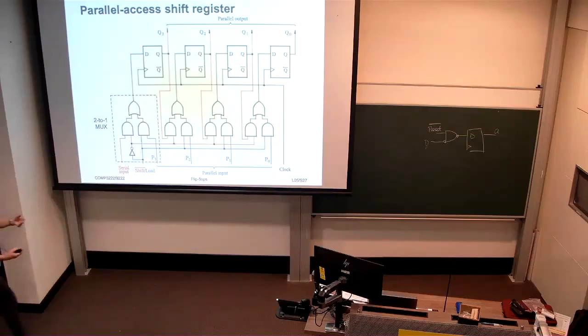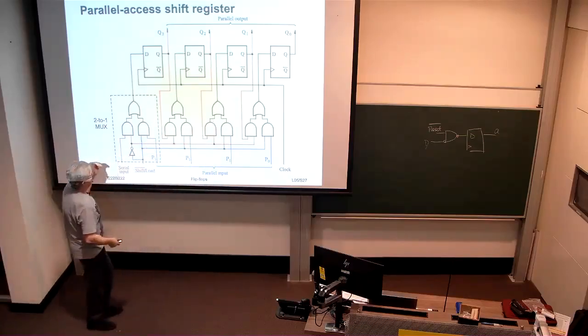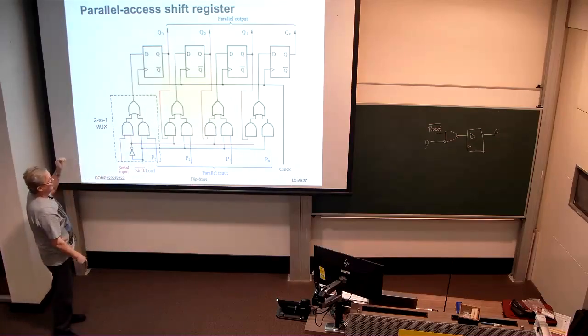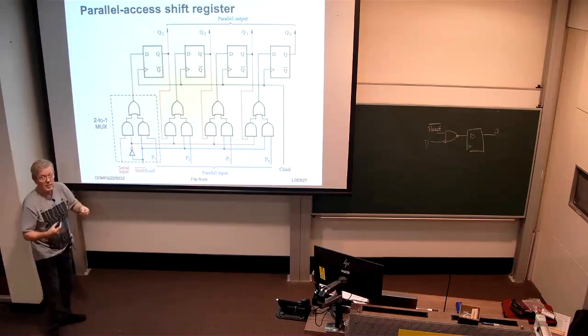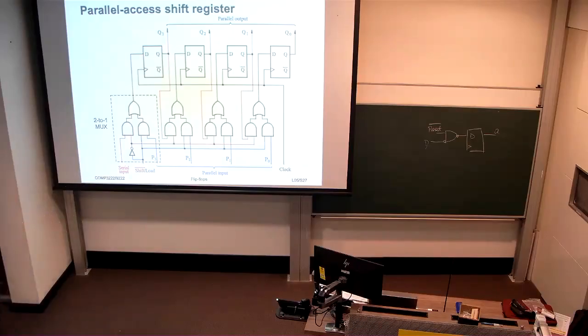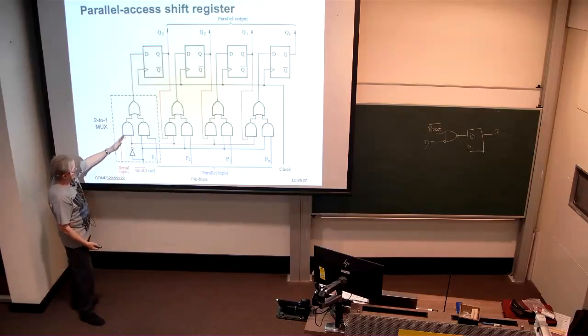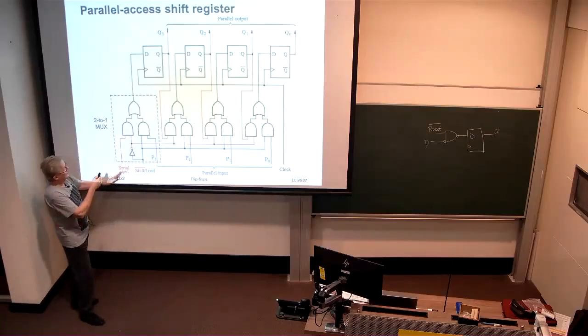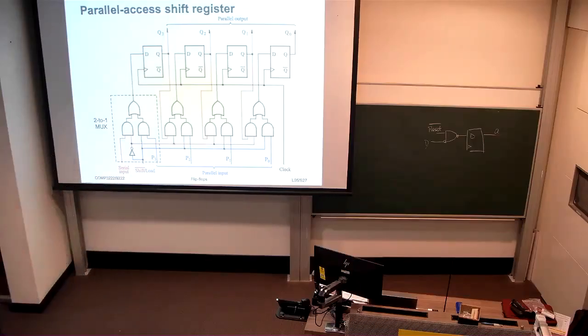Okay, so we could read a word in parallel in 1 clock cycle, and then over, in this case, 4 clock sequences, read out of Q0 serially what were the bits of that word. Similarly, we could be loading over 4 clock cycles via the serial input into each one of these flip-flops, and then in 1 clock cycle read the contents of the whole word that was shifted in serially.